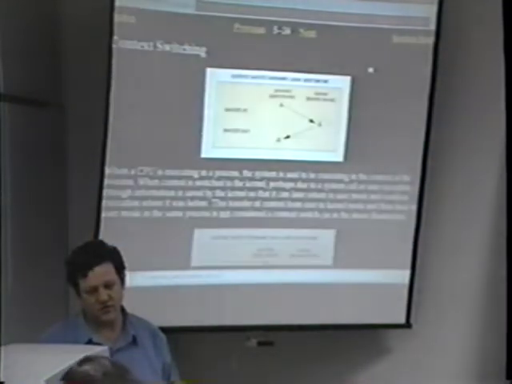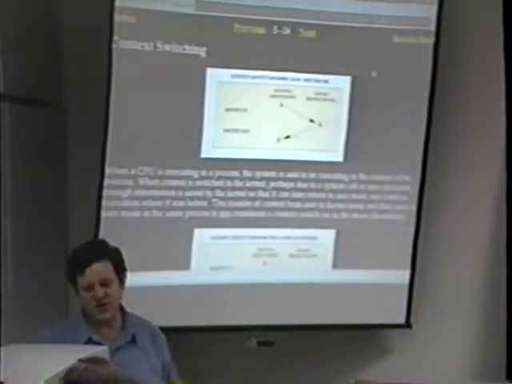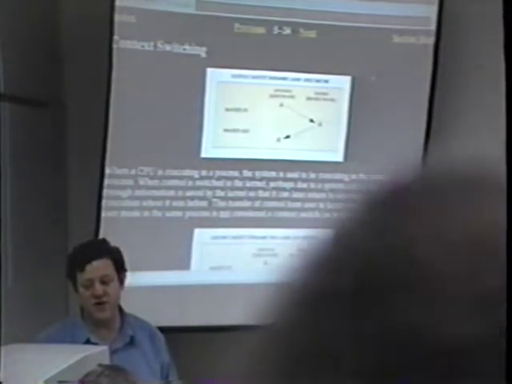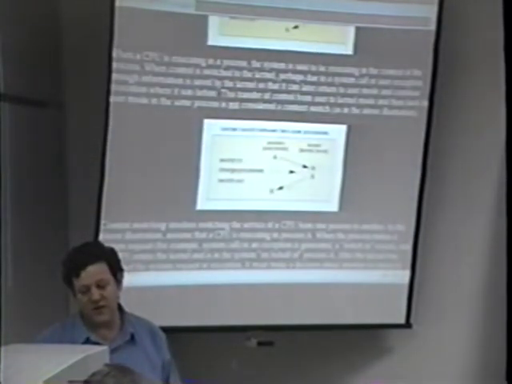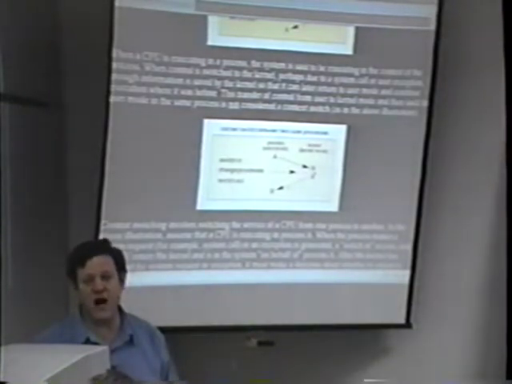Let's see. And then context switching is where we basically swap or time slice something in and out of the CPU. So we're looking at here where process A, running in user mode, jumps to the kernel to make a system call and then gets switched back to user mode. Whereas in the second example, A makes a system call, but then because the system call blocks, we go to sleep, and that CPU becomes available to somebody else.